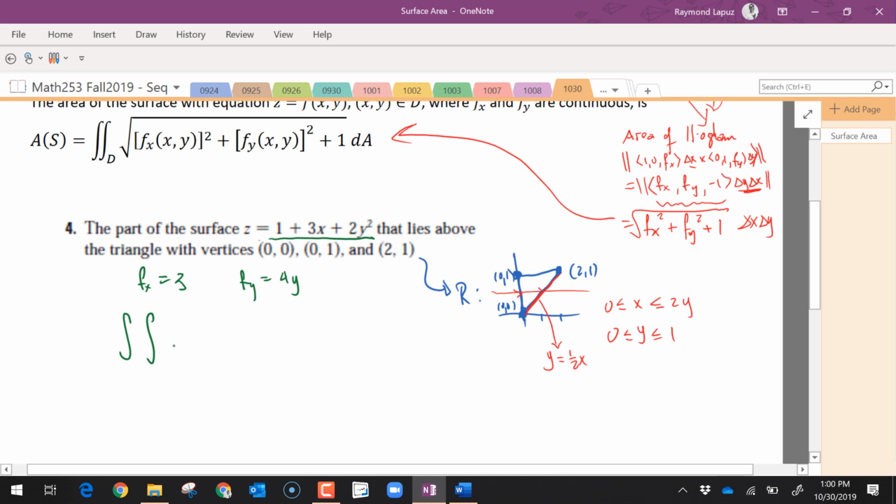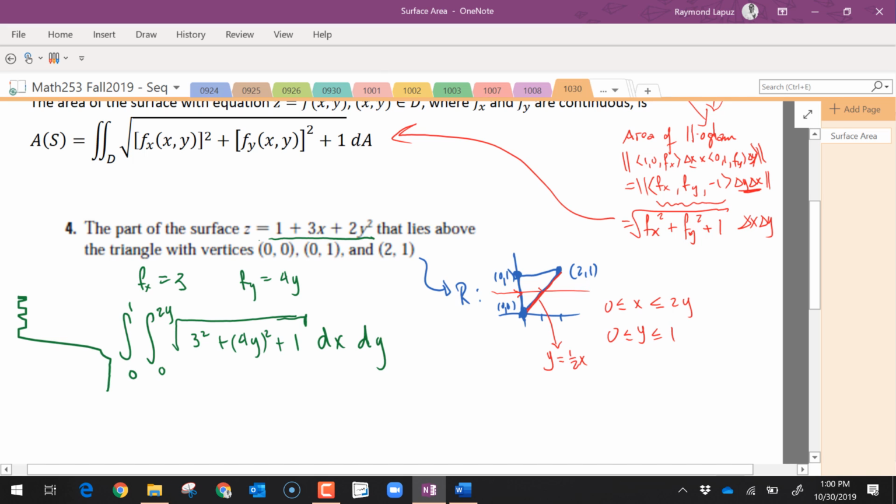And I'm going to say that my integrand is going to be the square root of fx squared, so that's 3 squared plus 4y squared plus 1. And then I'm going to integrate with respect to x first, I said. x goes from 0 to 2y. And then I'll integrate with respect to y from 0 to 1.